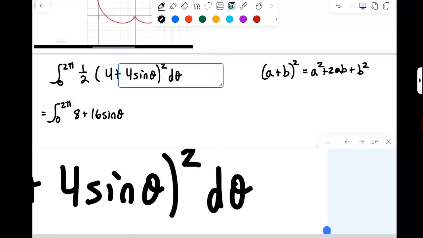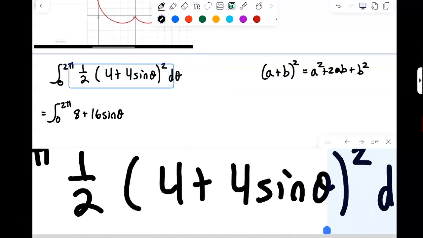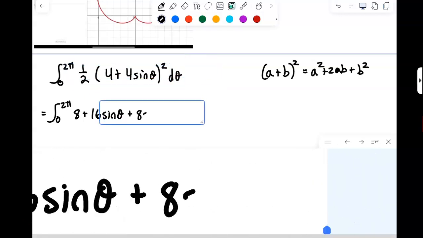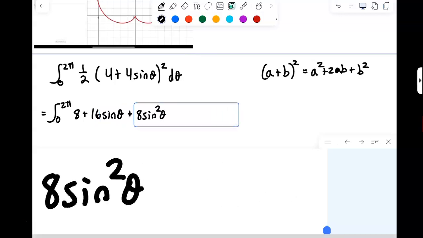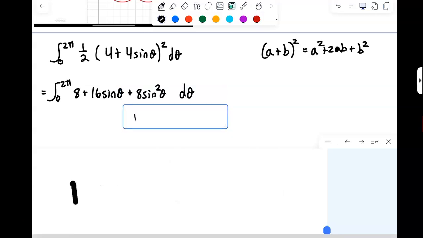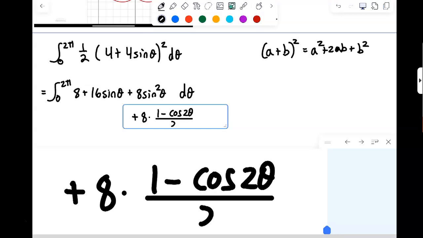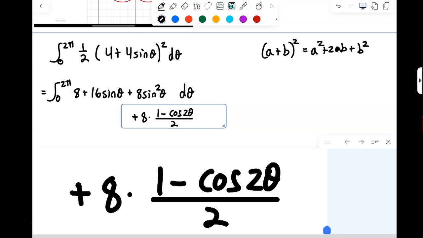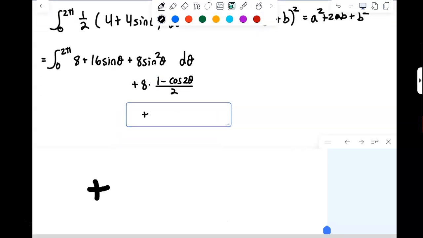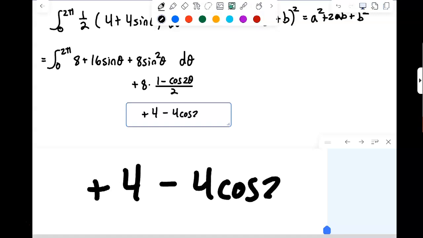And then I'm going to have that squared, 16 sine squared times 1/2 will be 8 sine squared theta d theta. And then remember here that this is going to be 8 times 1 minus cosine 2 theta, all that over 2, for that piece, which would make that plus 4 minus 4 cosine 2 theta.